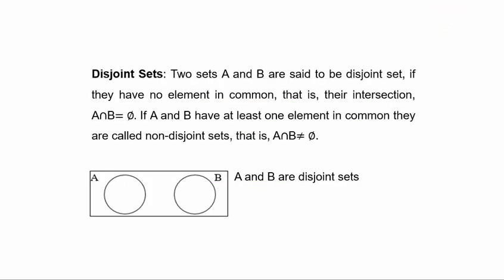The next relationship is disjoint sets. Two sets, A and B, are said to be disjoint sets if they have no element in common. That is, their intersection, A intersection B, is equal to the empty set.